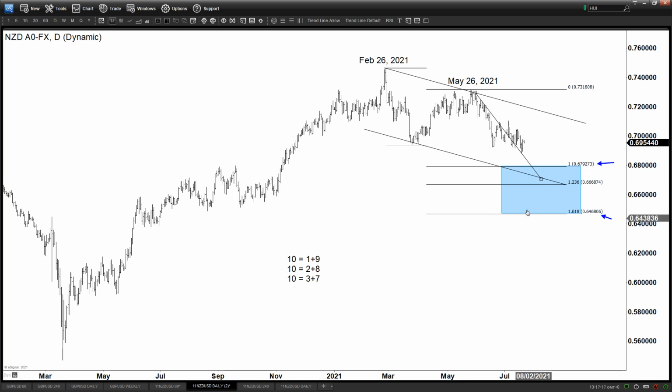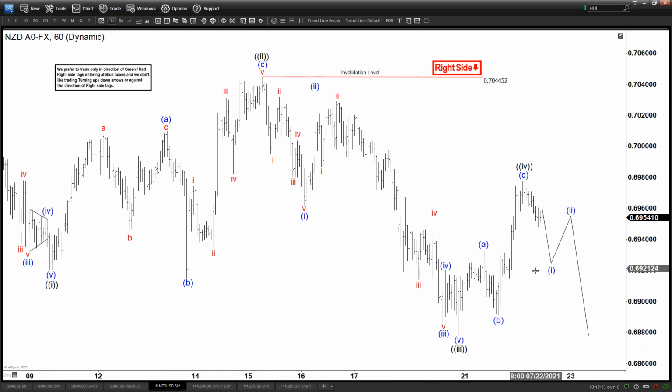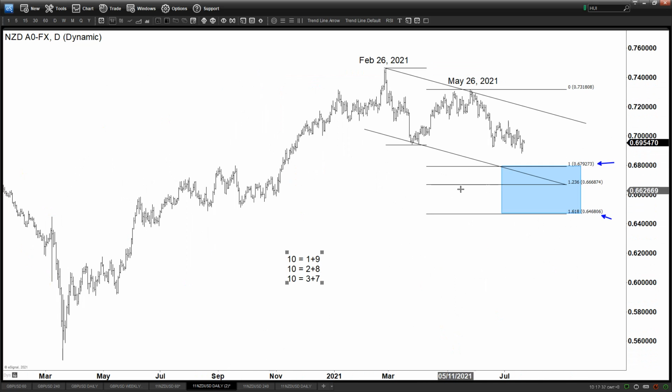So yes, eventually we are still looking for more downside, but the shorter cycle is not extremely clear, and this is not the only possible way. And again, the other option you can really consider is that this can actually be doing an expanded flat ABC like this, and then turns lower.